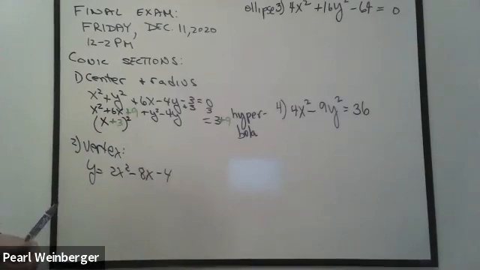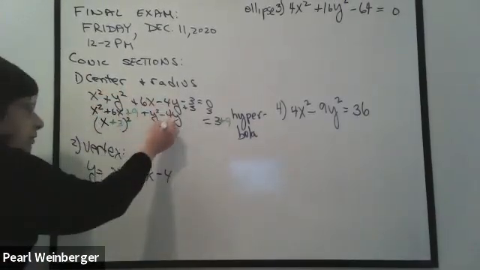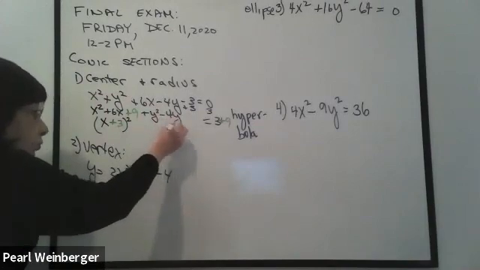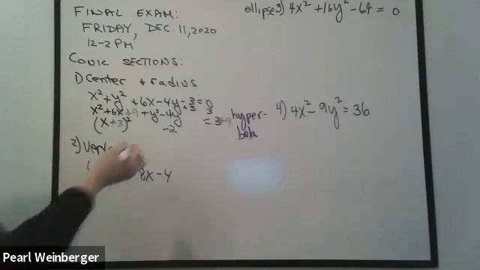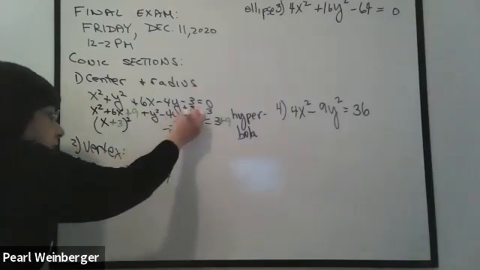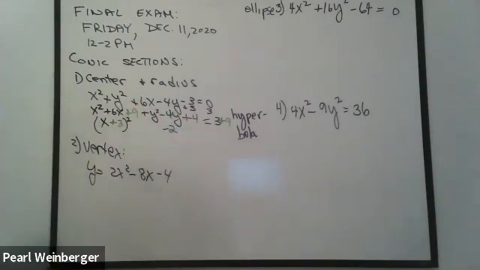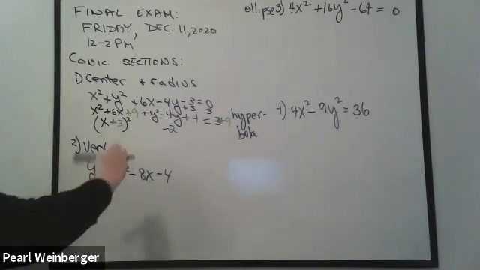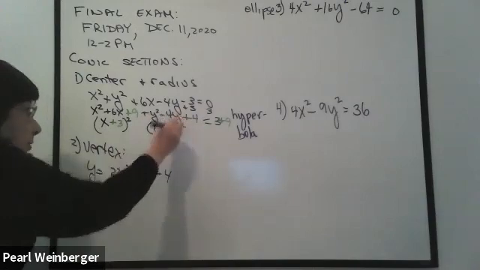I now go to the y, and I do the same thing. I take half of the number in front of the y. So this is a -4. It's going to become a -2. And again, I multiply by itself. -2 times -2 is +4. So I put a +4 right next to the y's, which makes this y minus 2 squared.